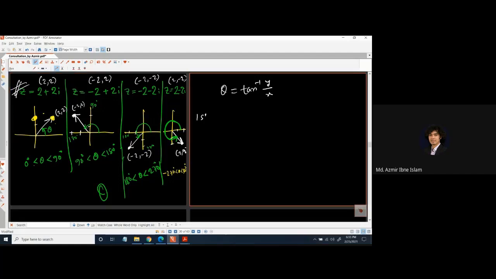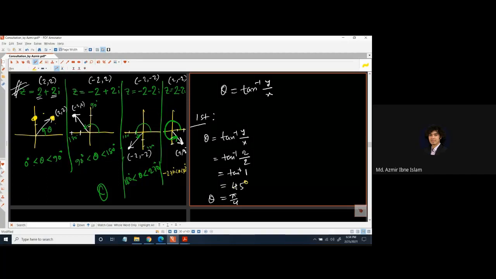Here, for the first case, theta will be tan inverse y by x. What is y here? 2. And x is 2. So that means tan inverse 1. Tan inverse 1 is 45 degree, that is pi over 4. For now, we are thinking about the degree notation.